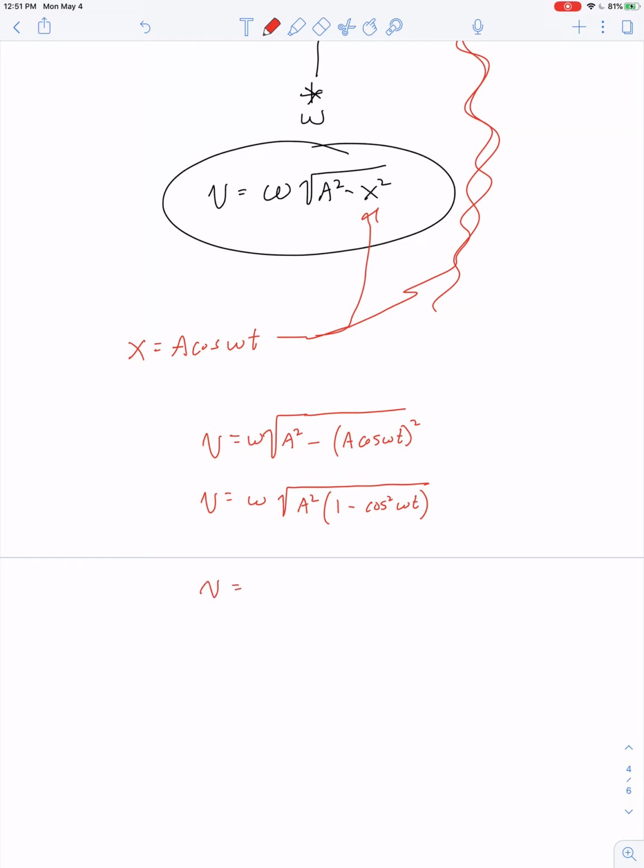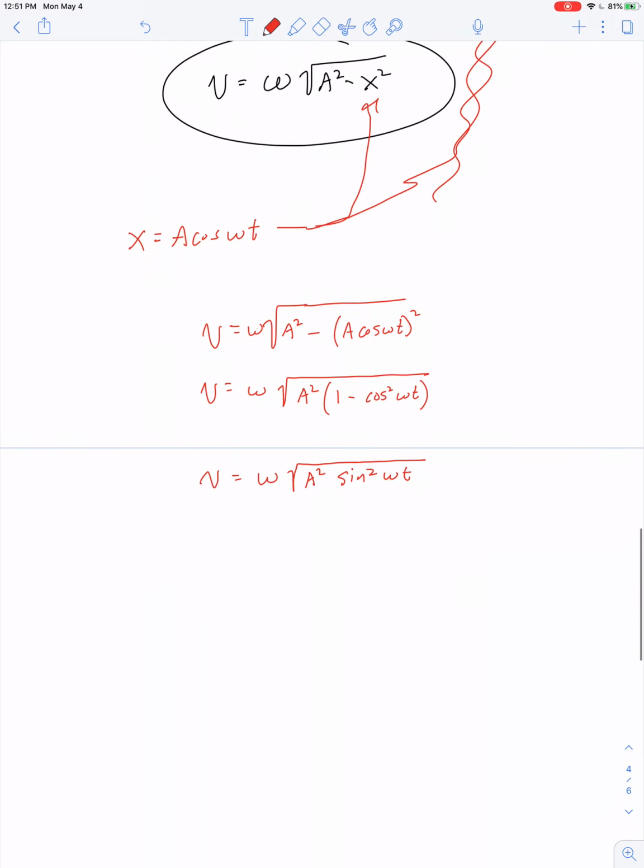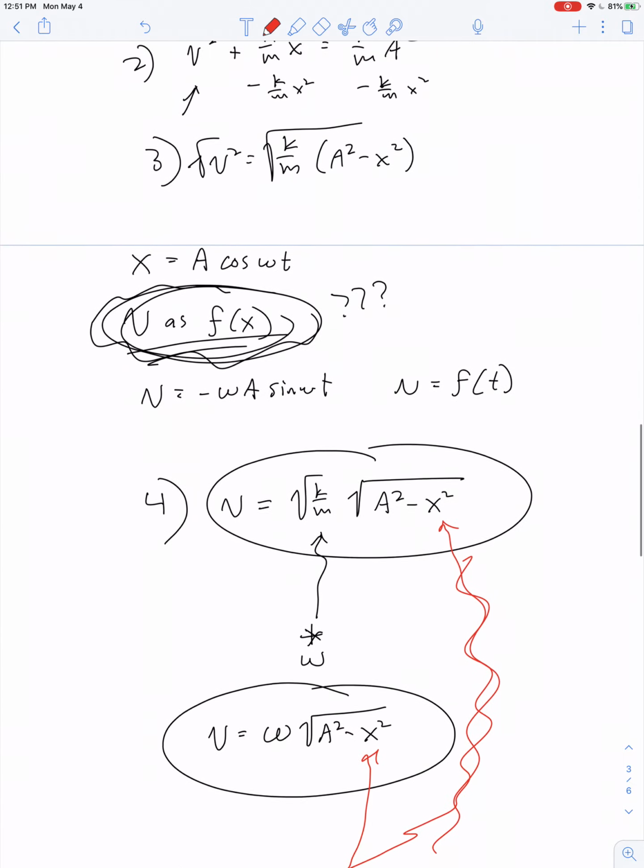But 1 minus cosine squared is sine squared, so we get v equals omega times the square root of a squared times sine squared omega t, which means v is equal to plus or minus omega a sine omega t. But we already knew that.